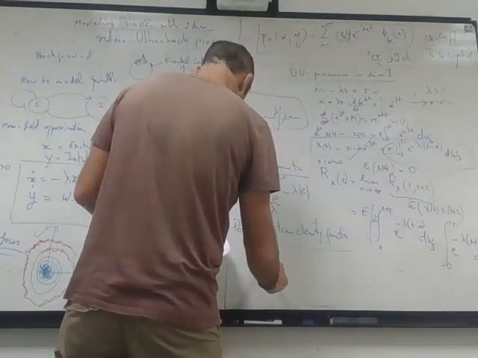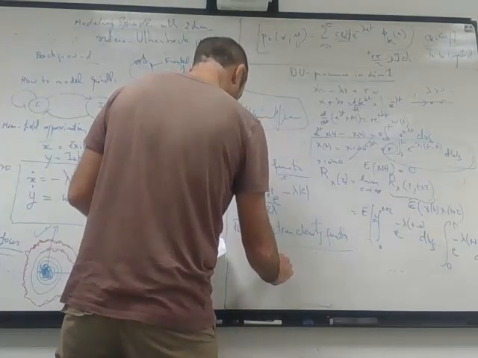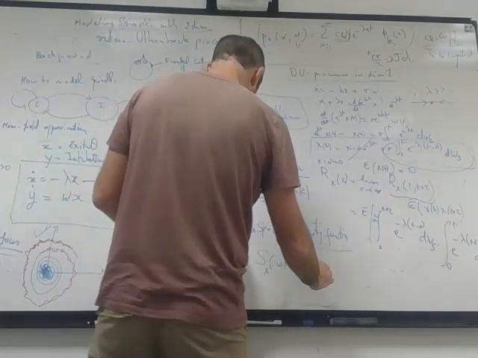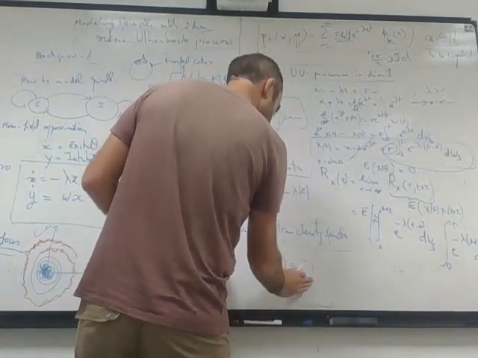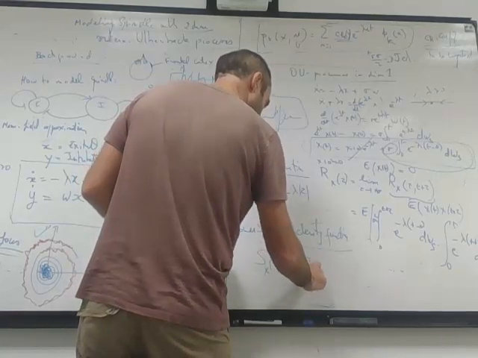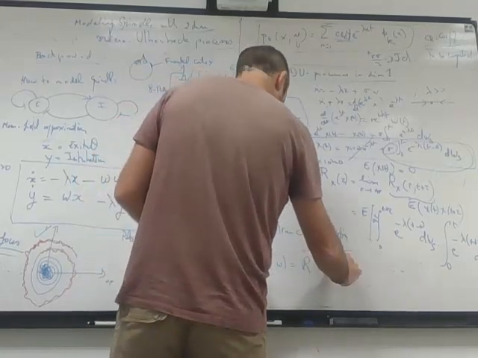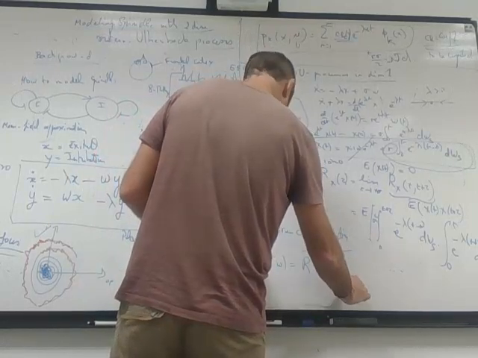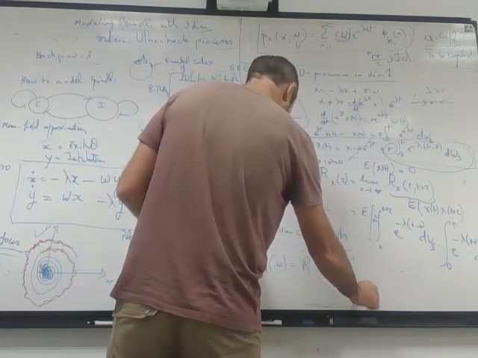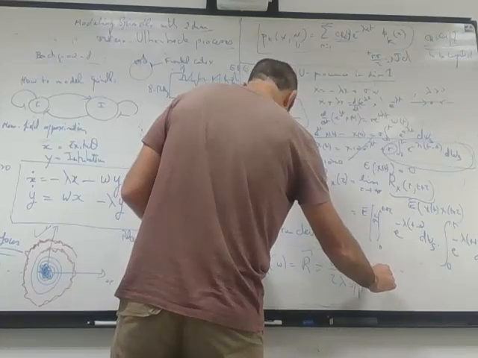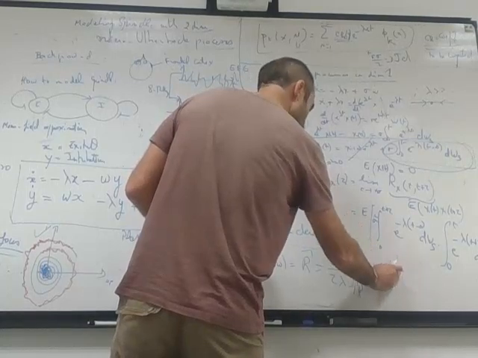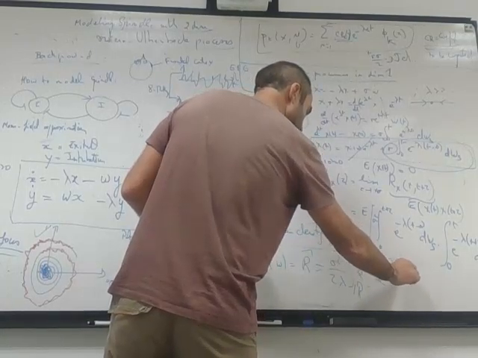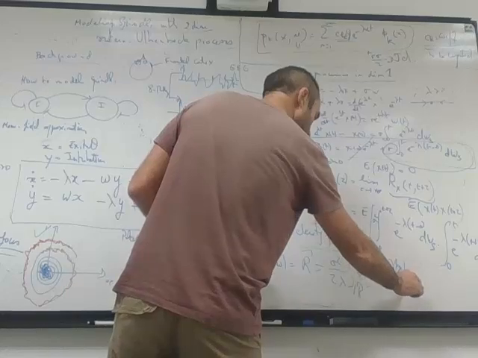So S x of omega is the Fourier transform of R, which is sigma squared divided by 2 lambda, integration of exponential minus lambda, absolute value of tau, d tau.